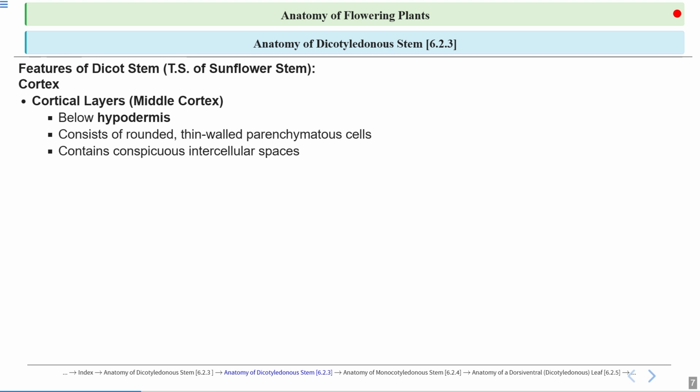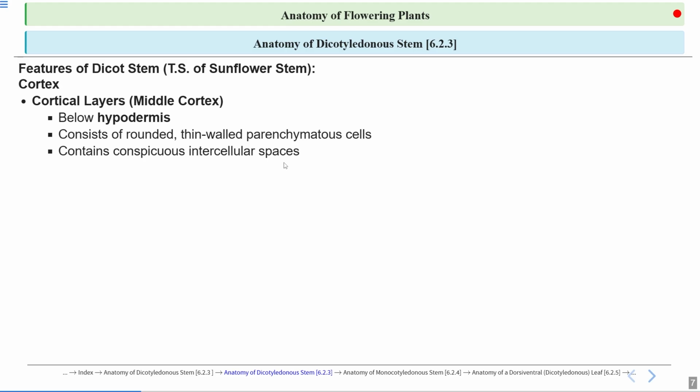What type of cells are present here? Just see, it consists of rounded, thin-walled parenchymatous cells. Parenchymatous cells have a very thin wall and contain conspicuous intercellular spaces.